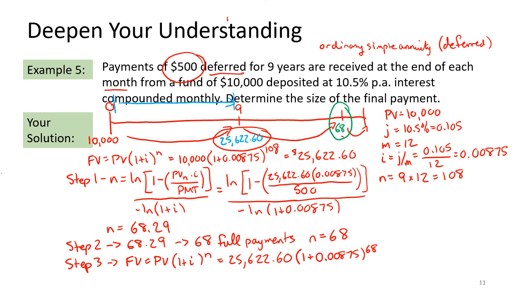Okay? And if we calculate that out, we get $46,334.50. So that's the value of our pool of money, in this case because they're earning payments. That's the value of that money right at the last payment, in other words, payment 68.